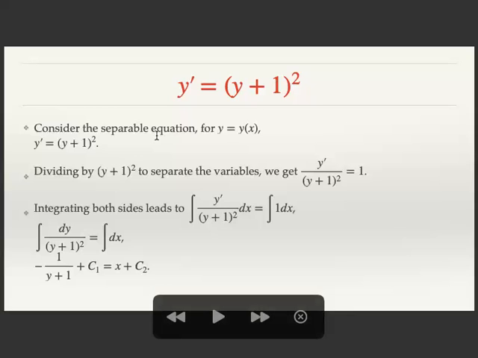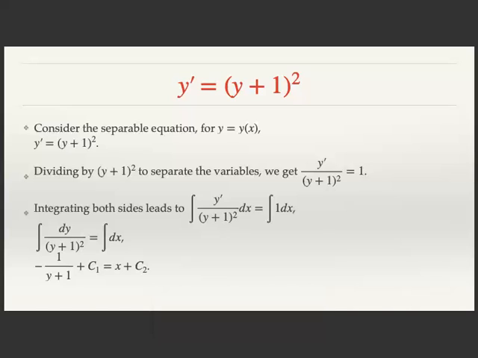So this is a separable equation, and the standard way to solve it is that we divide by the function of y. So we have y prime over (y plus 1) squared is equal to 1. So all the terms involving y are on the left-hand side, and all the terms involving x are on the right-hand side.